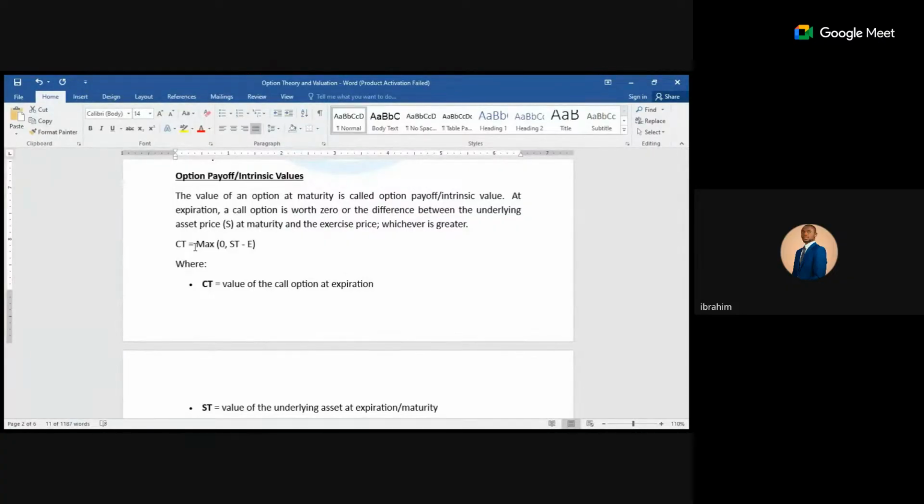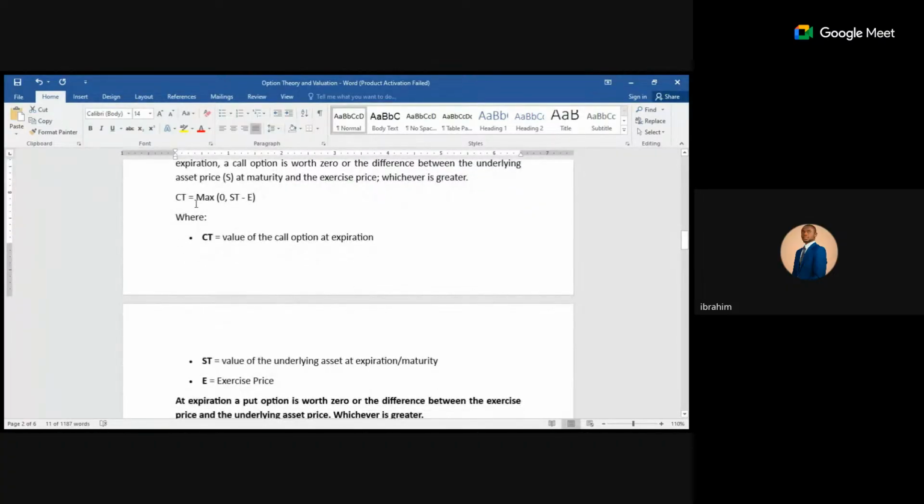We should not forget that intrinsic value of an option is the value of an option at the date of maturity. Now, what is the value of call option at the date of maturity? Or what is the intrinsic value of a call option at the date of maturity?